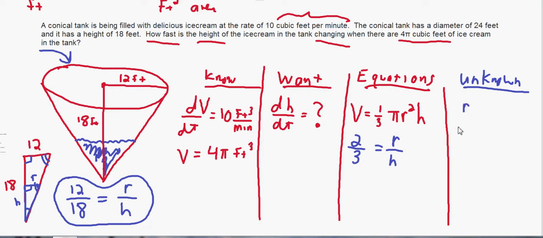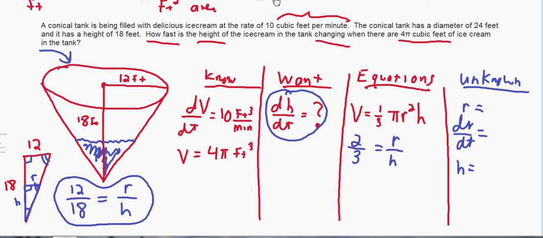Well, we don't know R, we don't know dr dt. We also don't know H. We don't know dh dt, but since that's what we're looking for, I'm not going to put it in my unknown column. These are things I might have to find in order to find dh dt. So using these equations and the information we've been given, we need to knock this problem out.